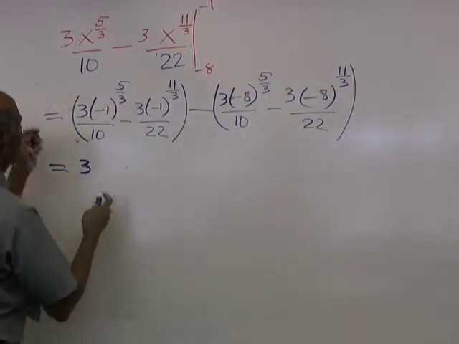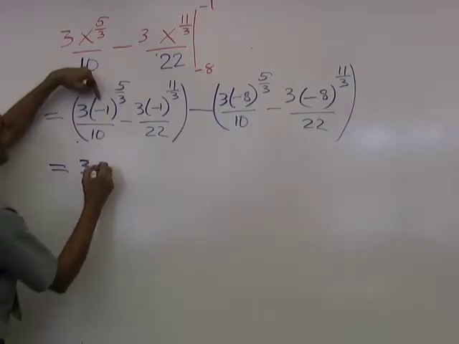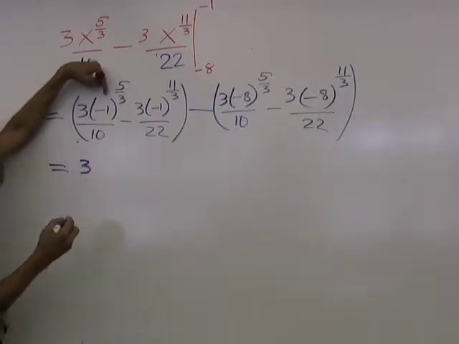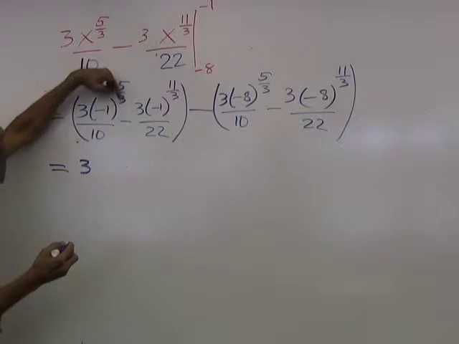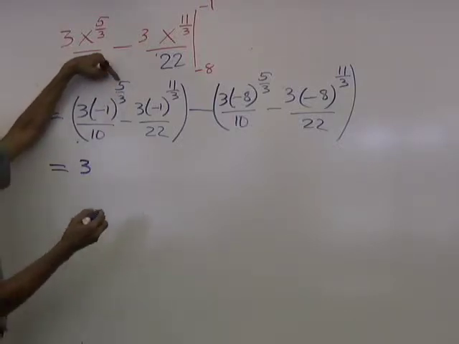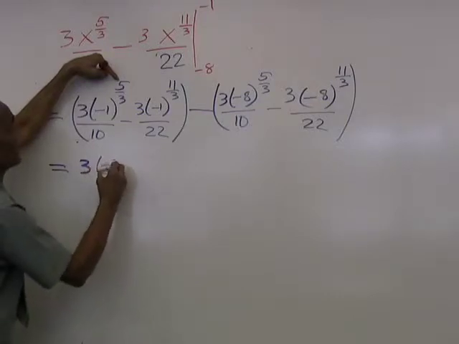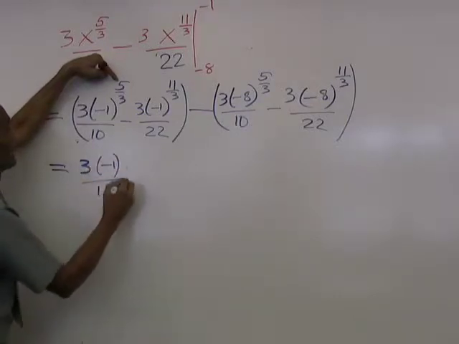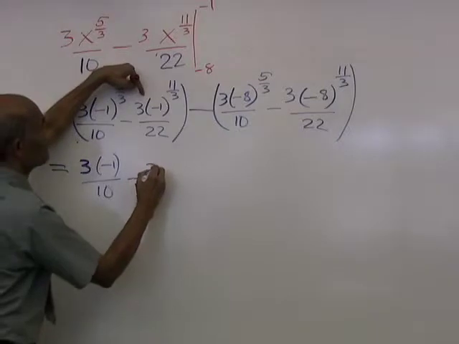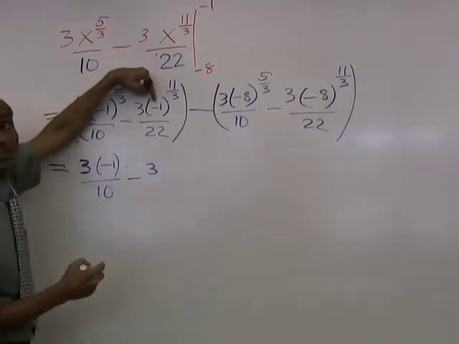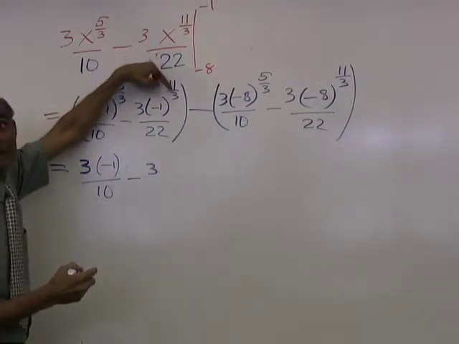So this will be 3 times -1. Again, look at the way the cube root of -1 is -1. -1 to the power of 5 is -1, divided by 10, minus 3 times, tell me what this is, -1 to the power of 11 over 3.